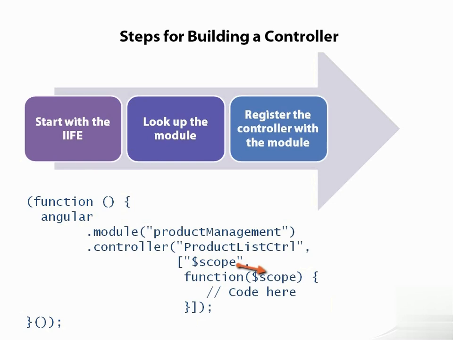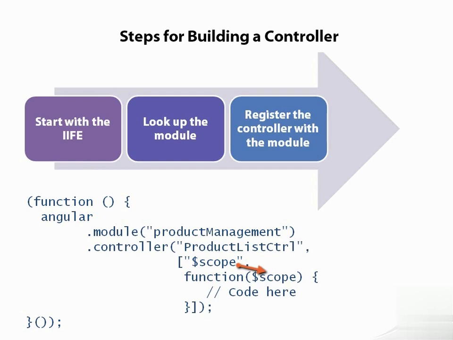If you're not familiar with the minification process, it is the process by which JavaScript files are reduced in size by removing white space and reducing the size of variables, including function parameters. Minification will change the function parameters to one-character names, but Angular expects specific parameter names.